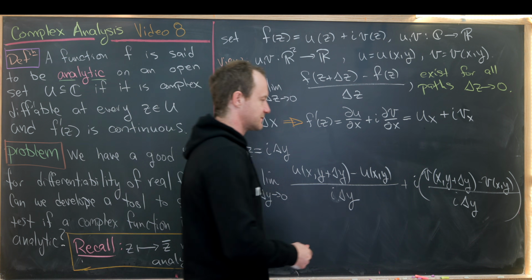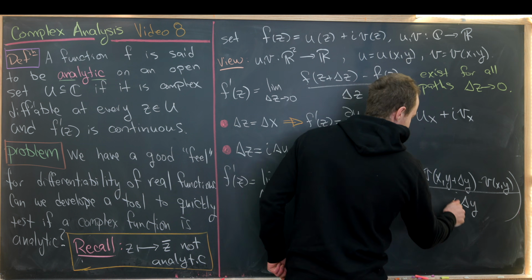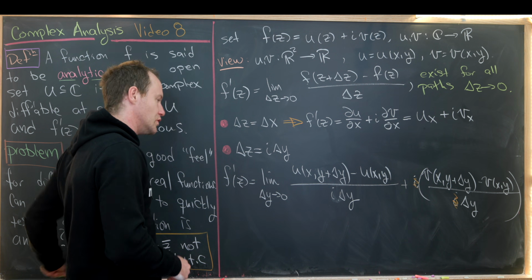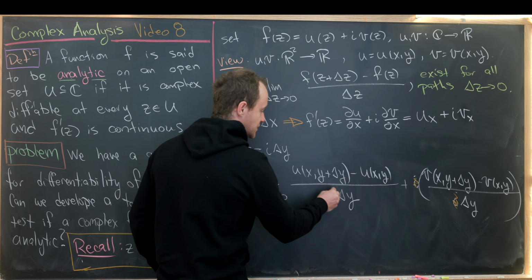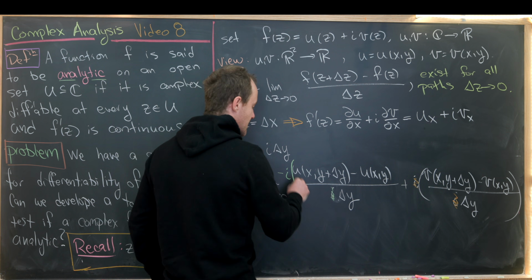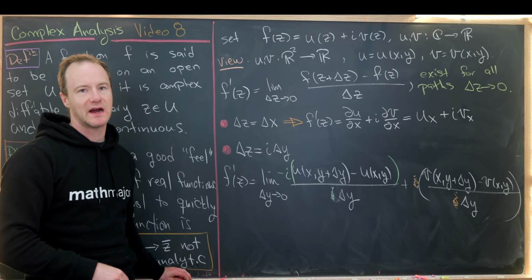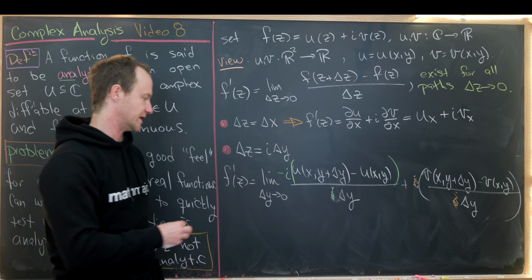So now I want to do some simplifications. We can take this i, cancel it with this i right here. And then we can move this i from the denominator to the numerator by changing its sign. So that's because 1 over i is equal to minus i, as we saw in one of the earlier videos.